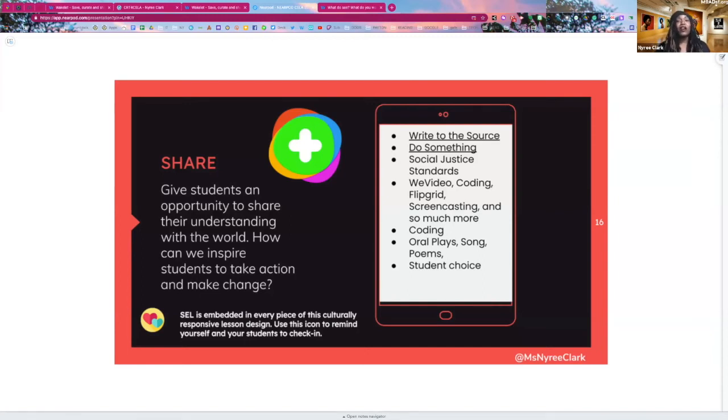If they have to just share it with their teacher, they love you like a parent. Sometimes it's not as good as if they're going to have to share it with X, Y, and Z, or even with each other. So just allowing them that opportunity to share even with their community allows our students to have that deeper sense of self-agency in their learning.